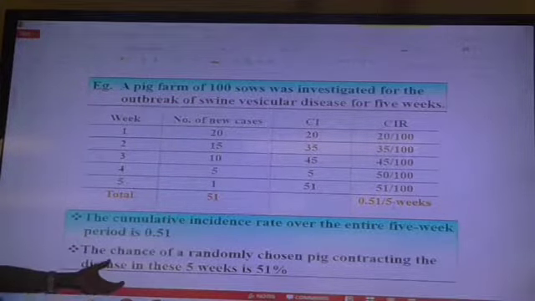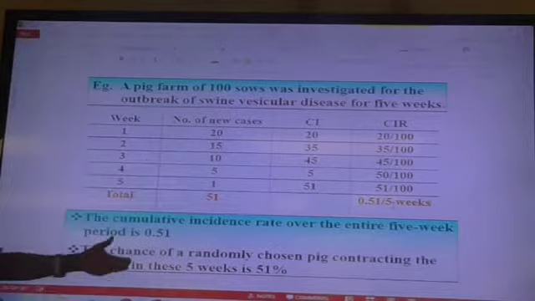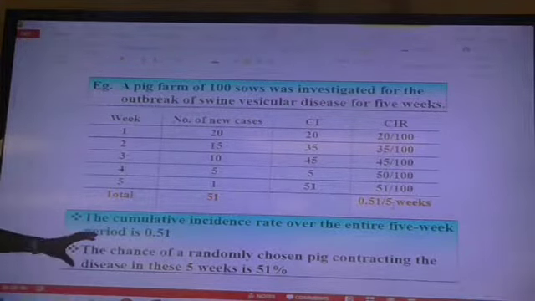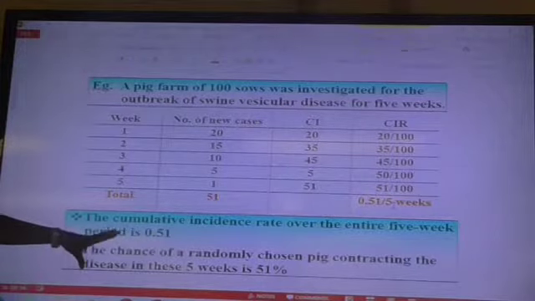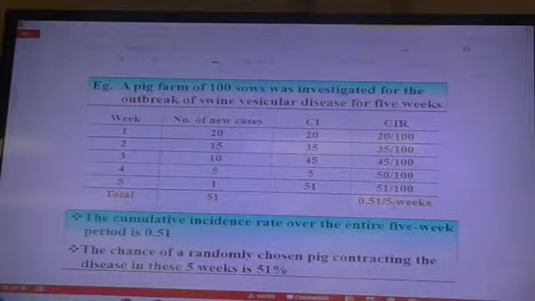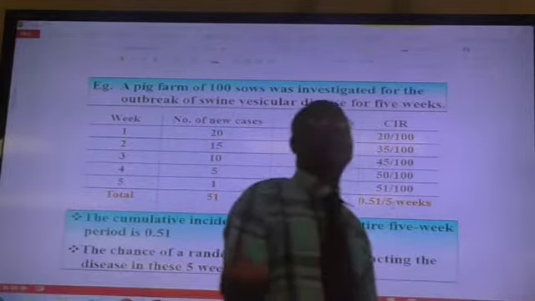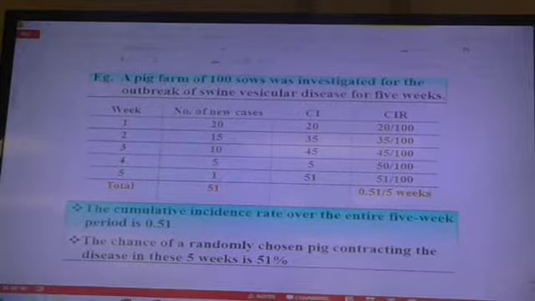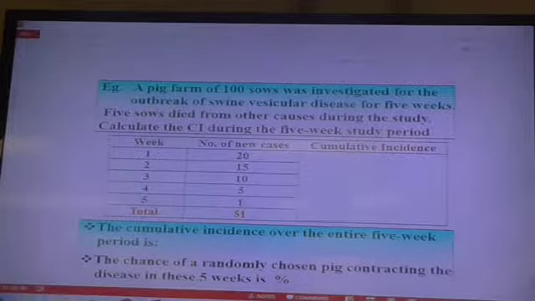So that's really an average risk for that 5 week period. The likelihood of a randomly chosen pig contracting the disease in these 5 weeks is 51%. So cumulative incidence is really an average risk. I always talk about average.